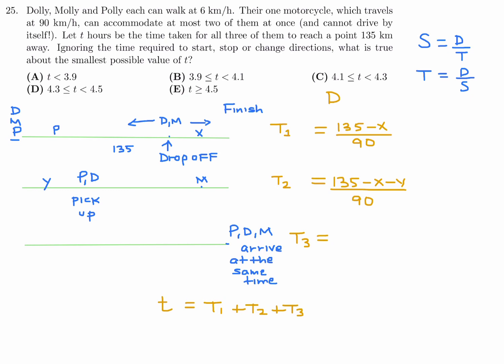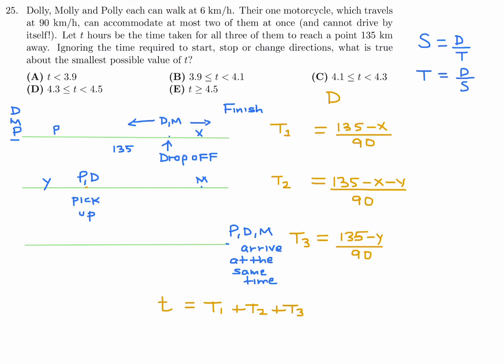And then the last distance is when she goes from the pickup point, right here, all the way to the finish line, and ends up here. So that is going to be 135 minus Y all over 90.